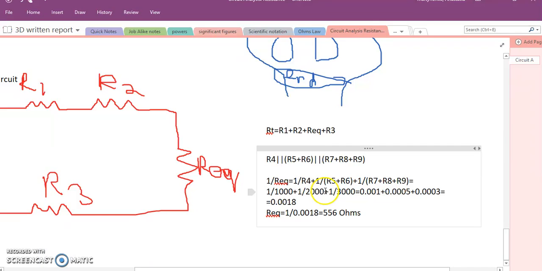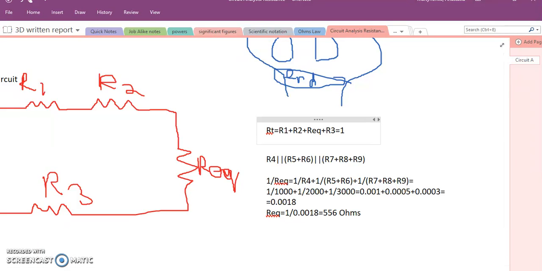Okay, so now that I have R equivalent, I can go back to this formula. I can plug in a few things, and I have 1K, right? That's 1,000 plus 1,000 plus 556 plus 1,000.